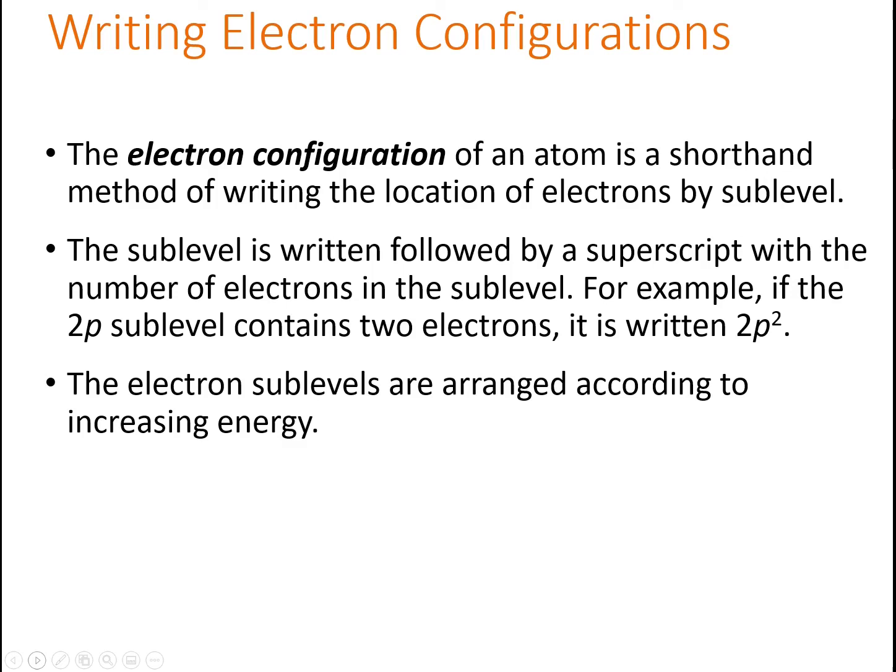So we already went over writing electron configurations by doing a problem, but I also wanted to put it in words because some people understand things better when they can read it versus seeing it. So an electron configuration is shorthand for writing where the electrons are. You use superscripts and the sublevels, right?